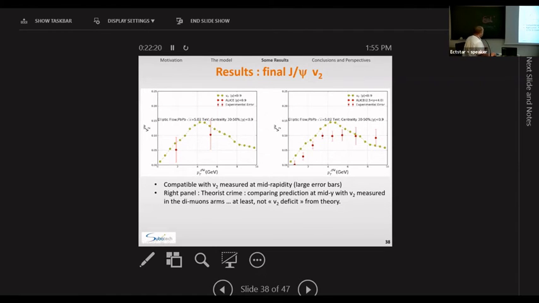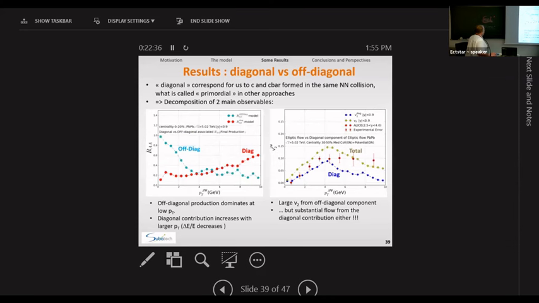So I hope nobody will kill me. And at least what we can conclude is that we get significant v2. And I would even say we get maybe more v2 than we should, at least as compared to experiment.